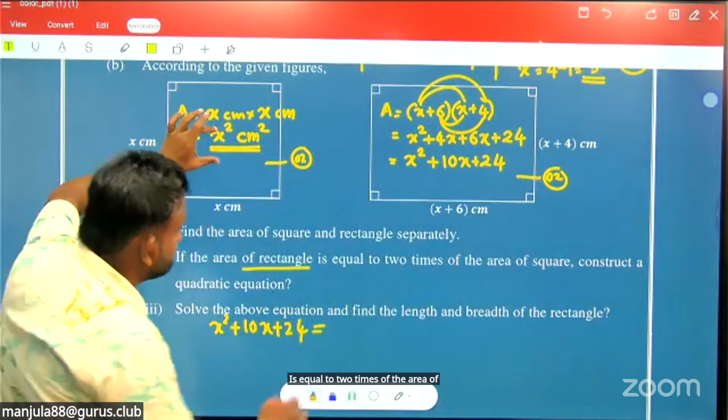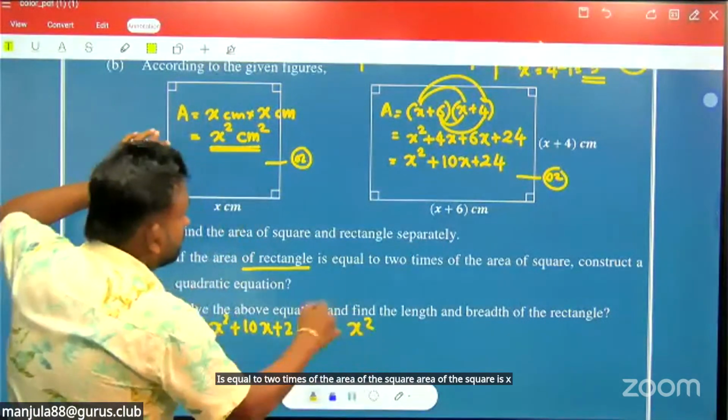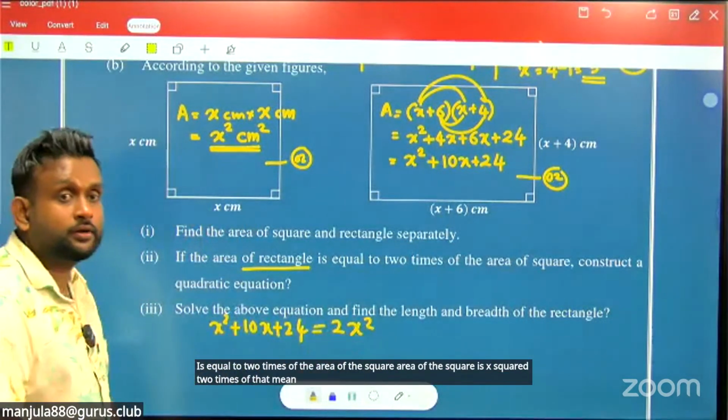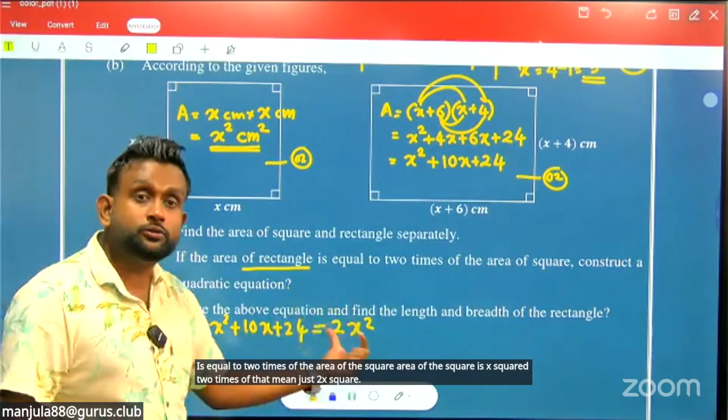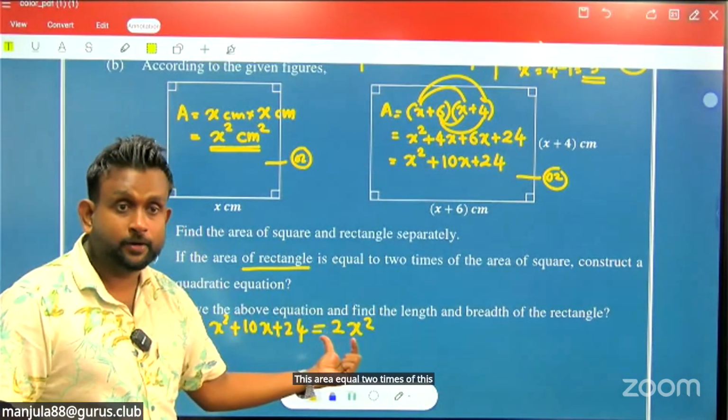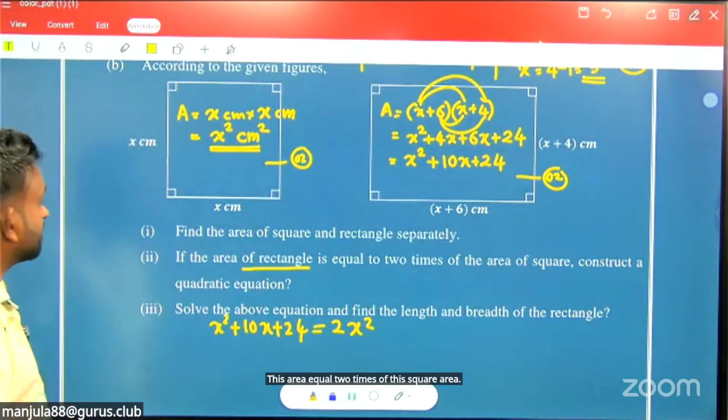The area of the square is x squared, so 2 times that means just 2x squared. So this area equals 2 times the square area. Then construct a quadratic equation.